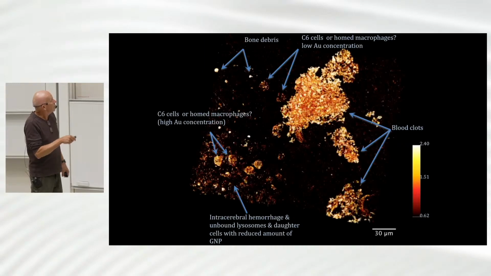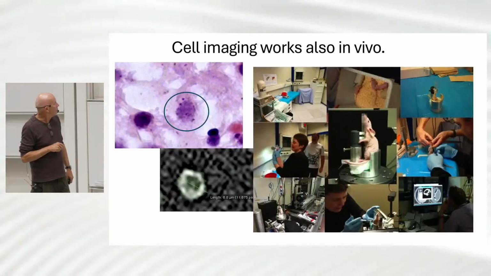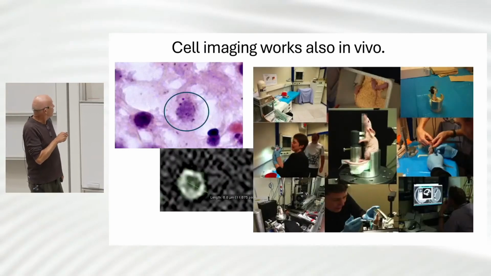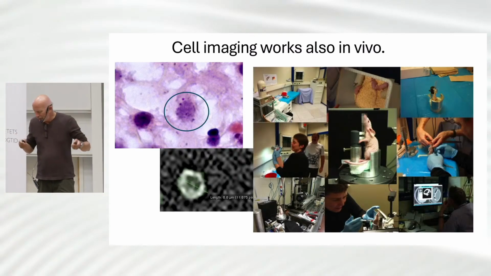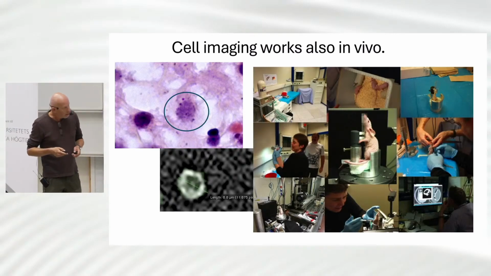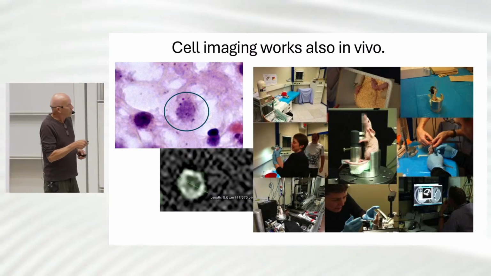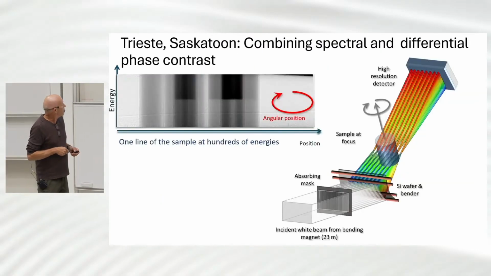Going closer inside, we could see single cells, and we could see them because they were loaded with the gold nanoparticles, as you see over here. And that's stuff we did later on also in live animals, not only in dead animals.